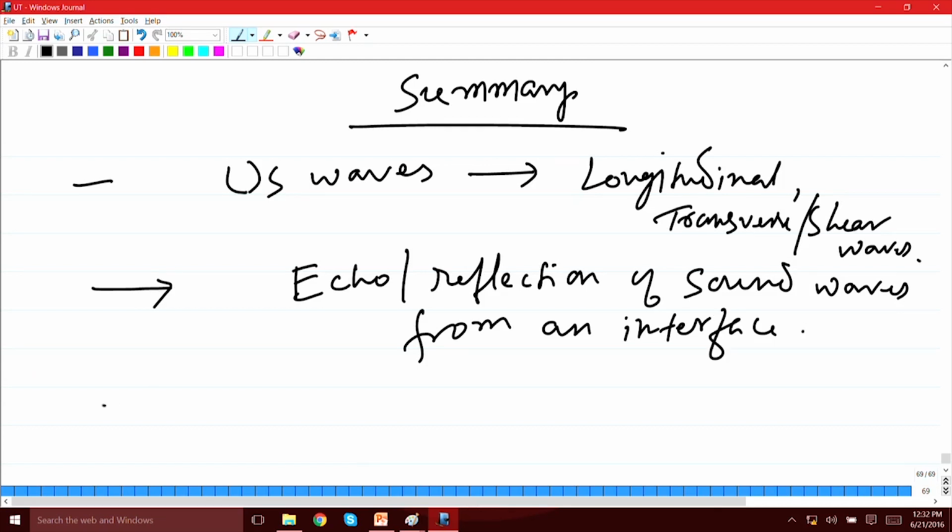Okay. So, then we talked about something called mode conversion. When you send the waves at an incident angle, a part of the longitudinal wave can convert into shear wave.